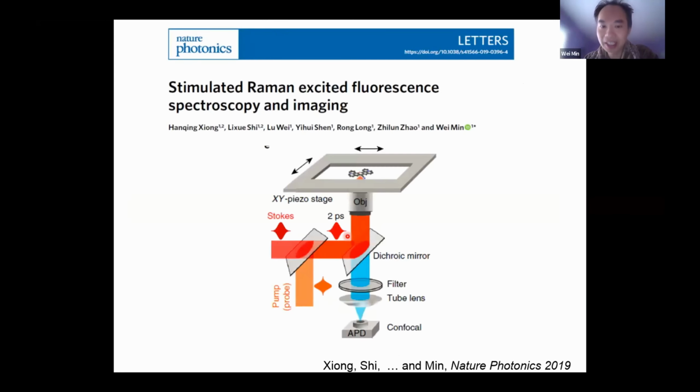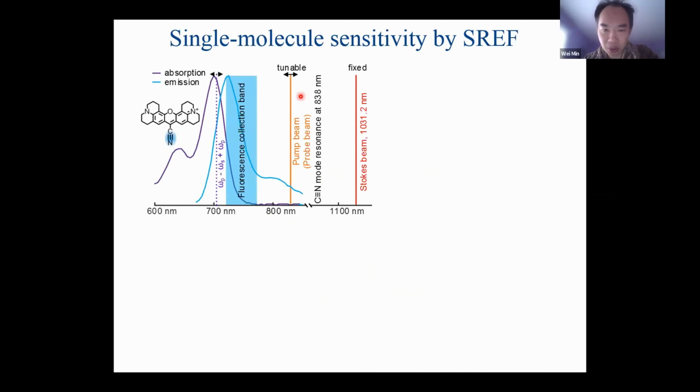So we did that, and this is our apparatus. Pretty simple. The pump and Stokes, and the pump again serves as the third beam, and then we can do stimulated Raman excited fluorescence spectroscopy and imaging. We have one beam, a second beam, and this serves as a third beam, and you will excite this electronic transition and emit fluorescence.